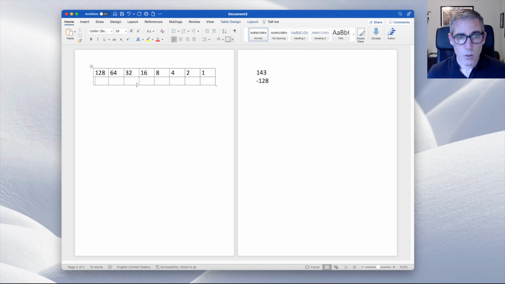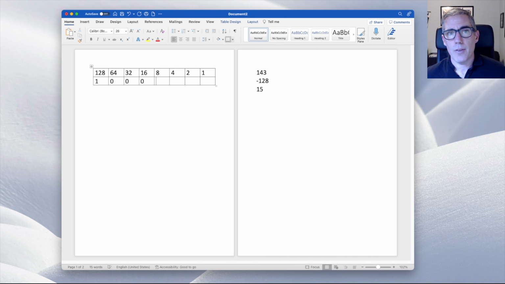So that means we put a 1 in the 128 position and then we subtract. 143 minus 128 is 15. Now 15 is less than 64, it's less than 32, it's less than 16.